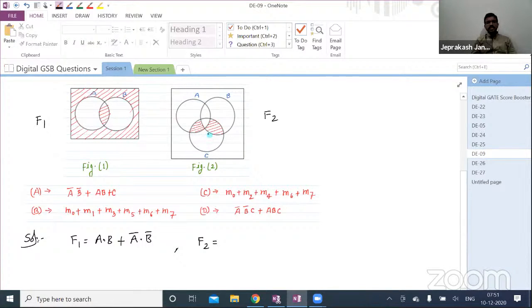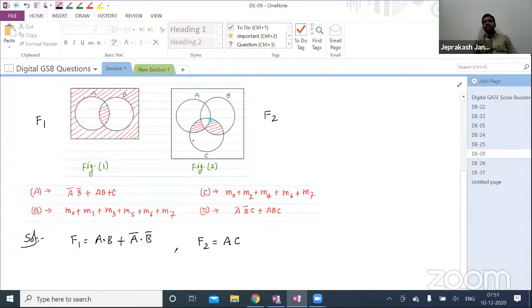Okay, so just observe here, F2 is nothing but A. For the time being, if you remove the B circle, A circle is this much, C circle is this much. Whether you are covering this part, whether this shaded region is there here also?